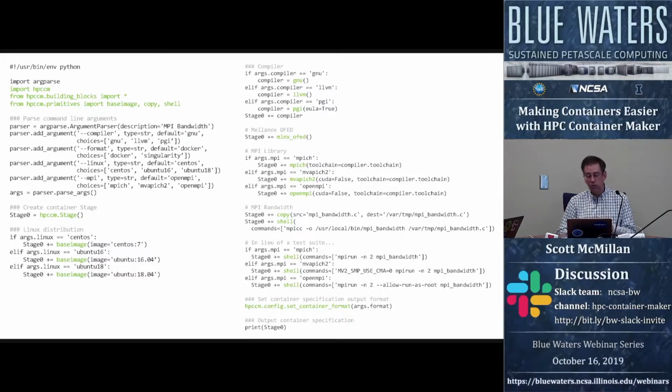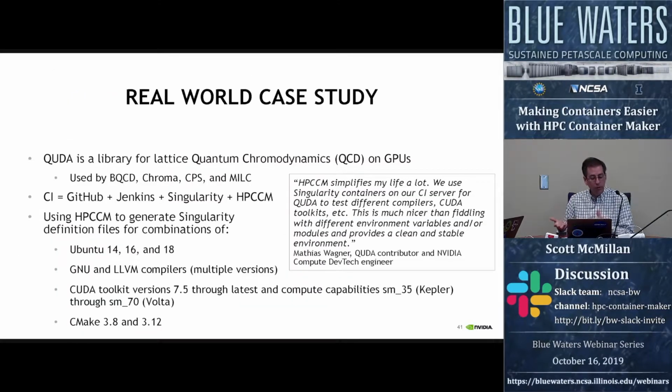And then in lieu of a test suite for MPI bandwidth, I'm just going to run MPI bandwidth, so you can see that it's just doing mpirun and verifying that it runs successfully, and then printing out the corresponding Dockerfile. So you could integrate this into your CI/CD infrastructure, and people are doing this.